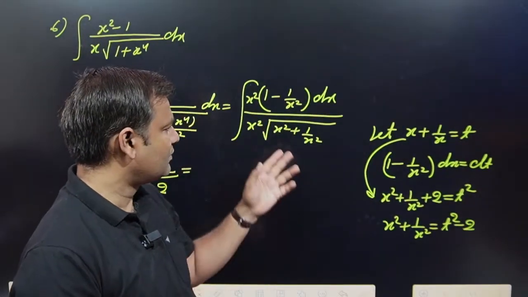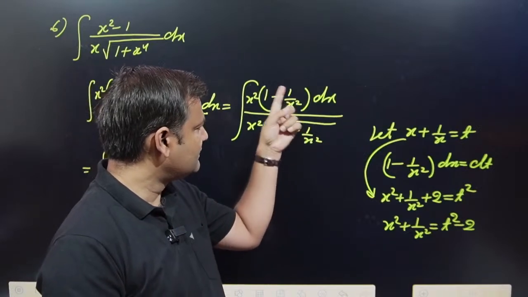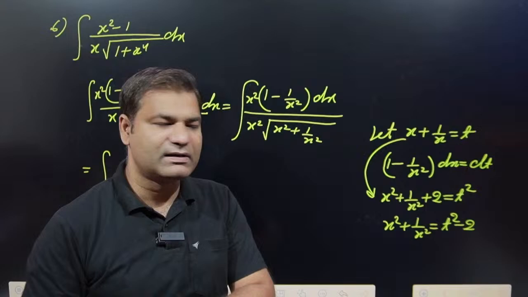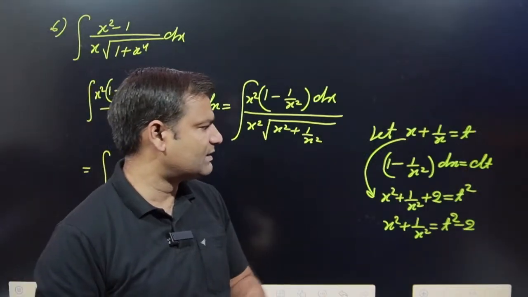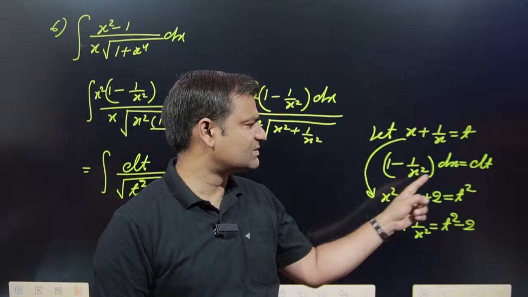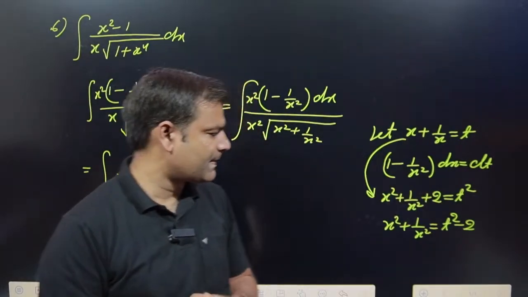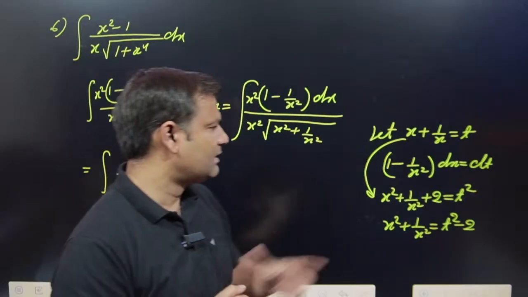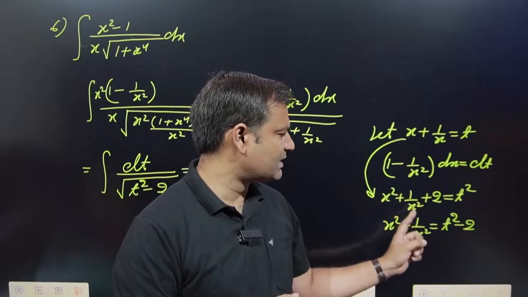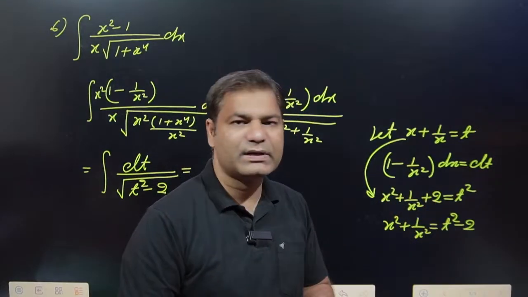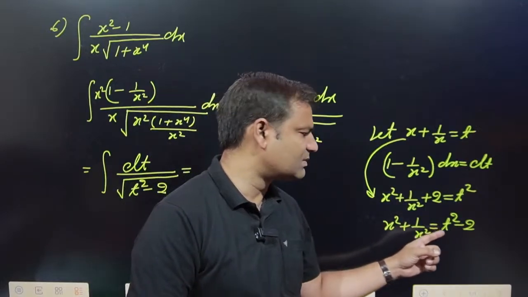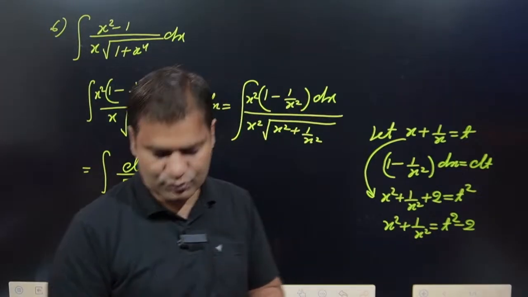This is the differentiation of x plus 1 by x, which is why it is taken as t. Then 1 minus 1 by x square dx is replaced by dt. Squaring both sides, x square plus 1 by x square plus 2 equals t square, so x square plus 1 by x square equals t square minus 2.